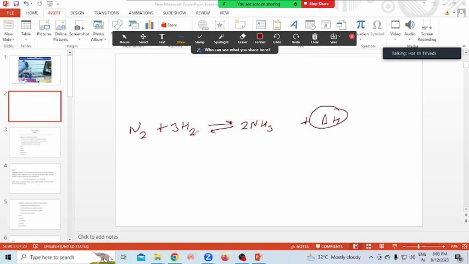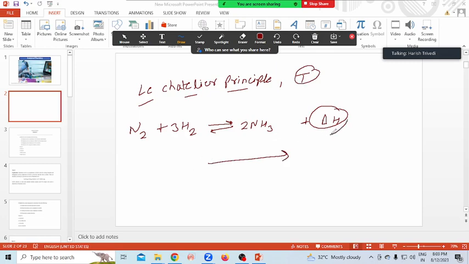So what will happen? Here we will discuss Le-Chatelier principle. First of all, I will discuss the temperature. If this reaction moves toward the forward side, or right-hand side, it will increase temperature.